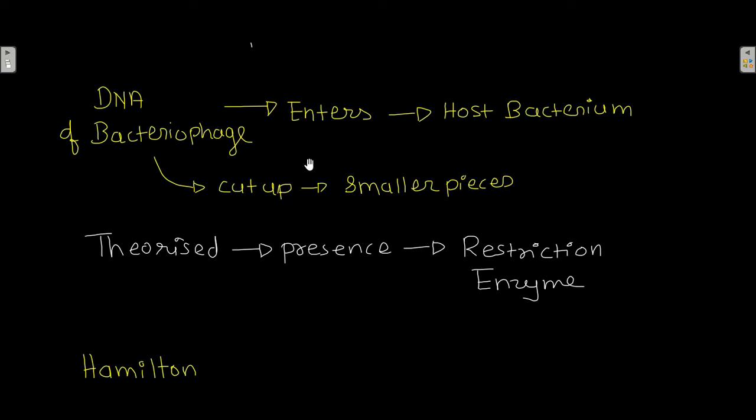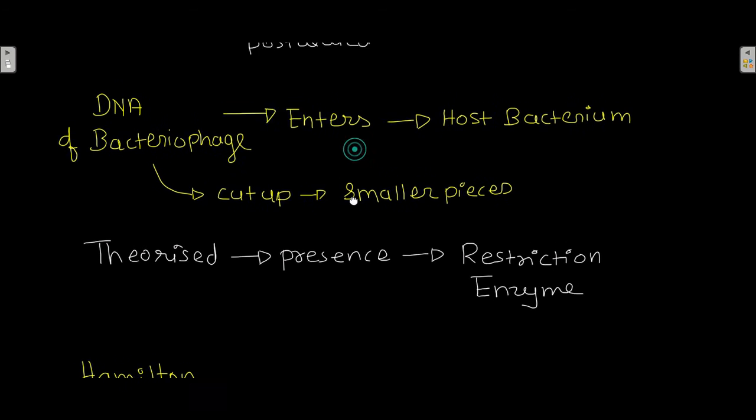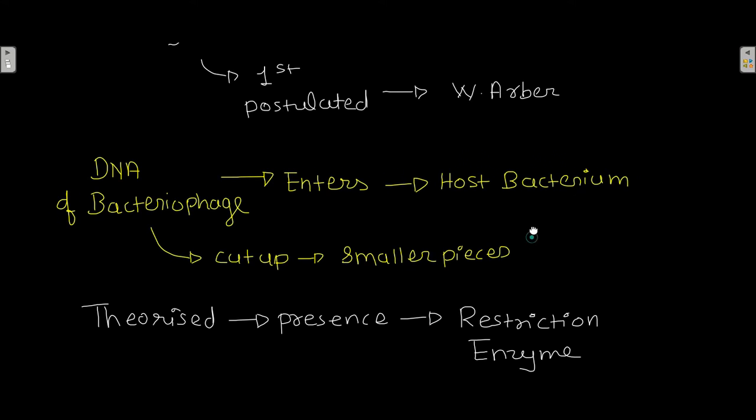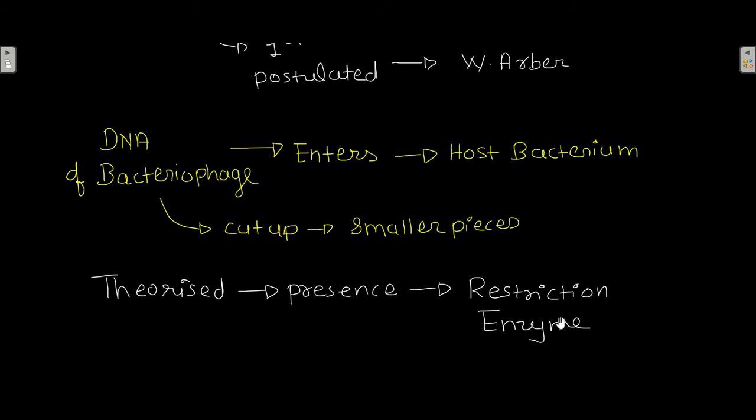On the basis of this observation, he theorized the presence of restriction enzymes. So the bacteriophage is infecting the host bacterium and inserting its DNA into it, but the host bacterium is cutting the DNA of the bacteriophage. This observation was made by this scientist, and then he theorized the presence of restriction enzymes.